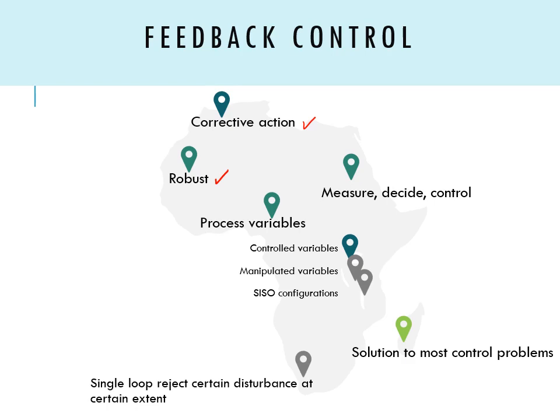So it measures, decides, and also controls the process in the chemical process plant. The process variable consists of the control variable and manipulated variable. So basically for the feedback controller, the configuration or the input output of the feedback control system only consists of a single input and also a single output. So this is the SISO configuration of the feedback controller.